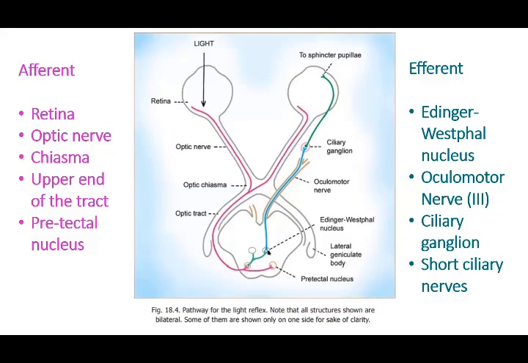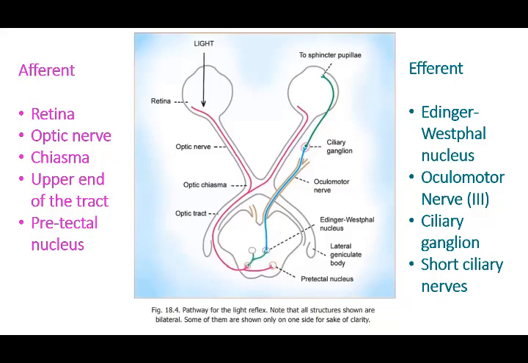Normally, if they would go for vision, they would go to the lateral geniculate body, but these don't. So this is independent of vision. Whether the patient has vision in his eye or not, the light reflex is going to be there. You understand? Because it's not going via the lateral geniculate body and the optic fan into the occipital cortex.